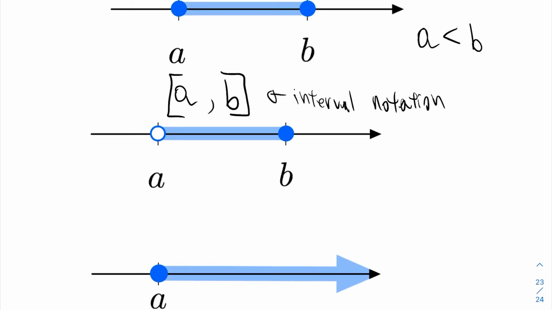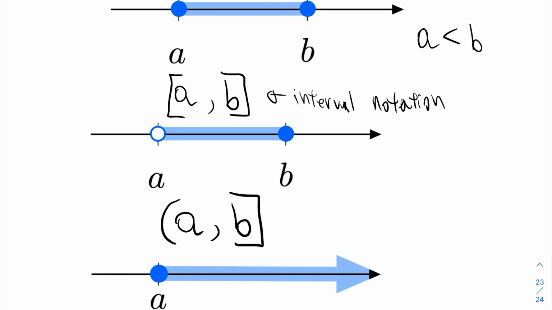The next one down here, you notice on the left hand side, this minimum value is not actually included because it's an open circle. So when you don't want to include the value, use a parenthesis. A parenthesis means you're not including that value of A. So the minimum value or the lower bound of this interval is not included on the interval. But B, the maximum, because of that filled in circle, gets a bracket.